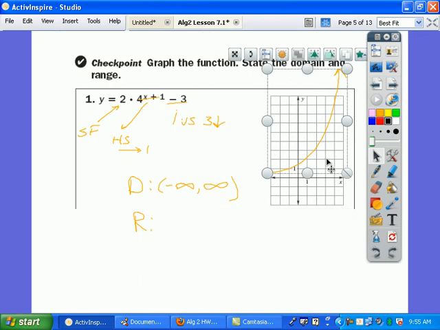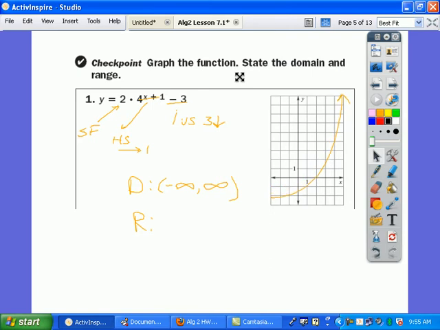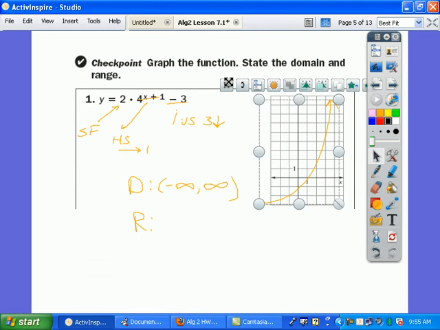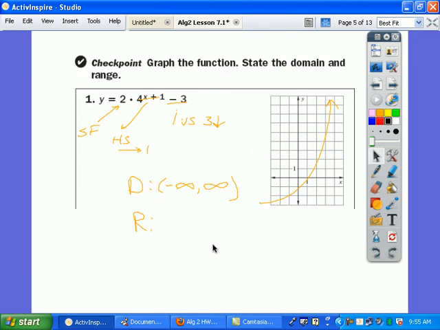Now I'm going to shift this down 3 units, and so we should get something that looks more like this, and I'm going to shift it 1 unit to the left. So something like that. And so the domain still, and again, this is just an approximate. This isn't exactly what that graph is, but close enough.